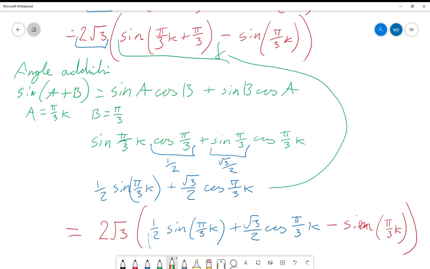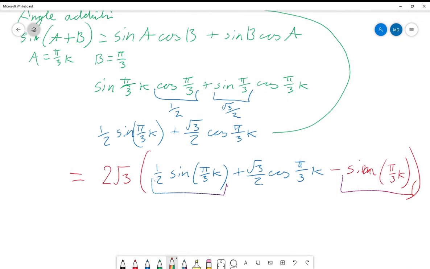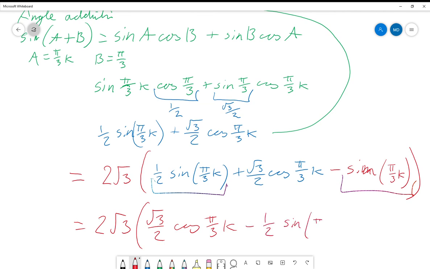And here we actually have a like term. And so this simplifies to 2 root 3 lots of root 3 over 2 cosine of pi over 3k minus 1/2 of sine of pi over 3k.